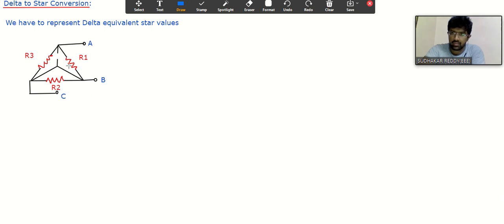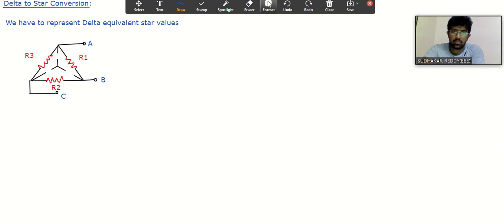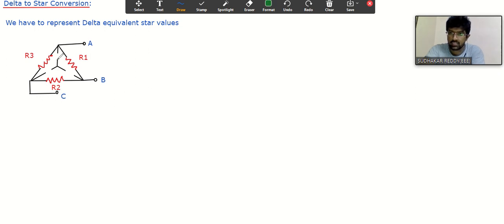In star also we are having three resistors with three terminals. The only difference here is in case of a star we are having a star point, but in case of delta we are having a closed path. That is the only difference here.